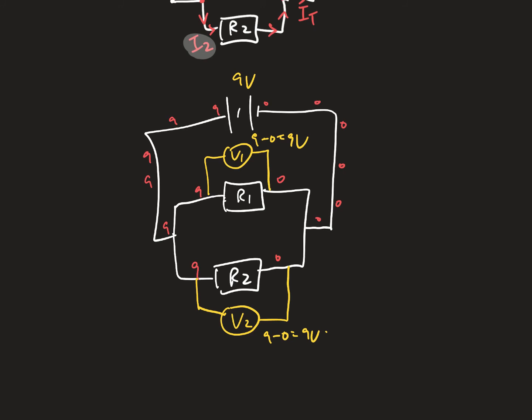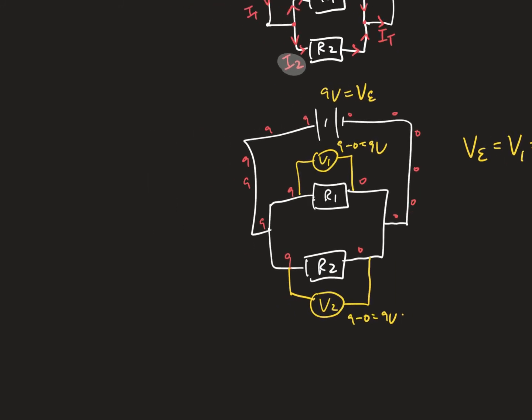And so what we can conclude is that the battery's potential difference, the EMF, is equal to V1, which is also equal to V2, for two resistors in parallel. So let me just write that down. This is for potential difference.